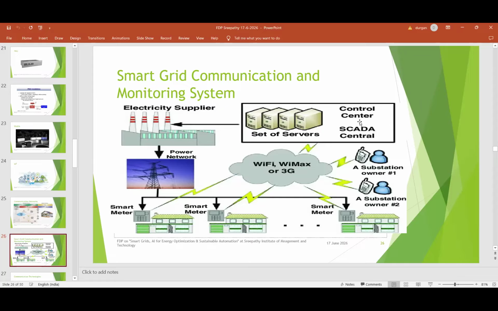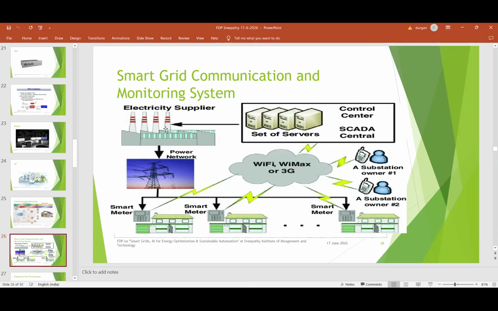This SCADA system collects information from the utility center and analyzes it based on the operating conditions, which is used for detecting faults and diagnosis, and it sends the necessary commands to the control unit.